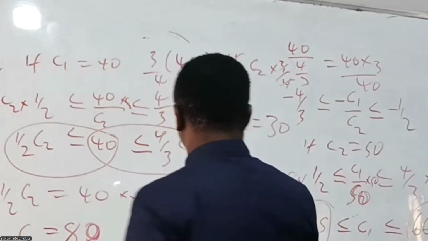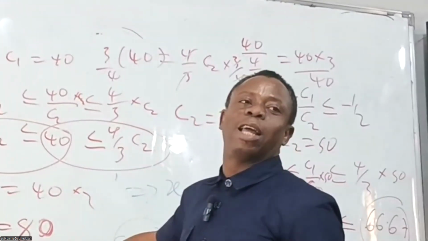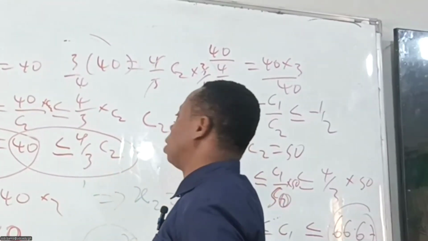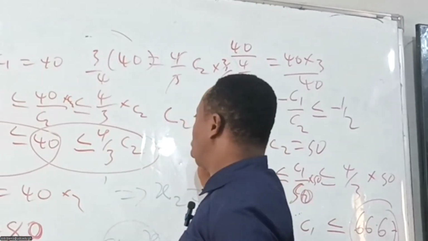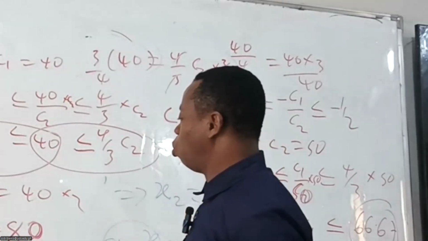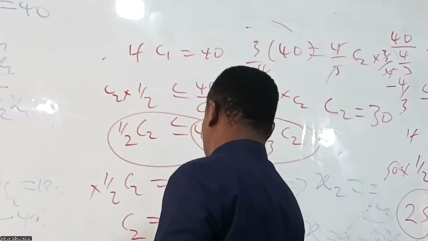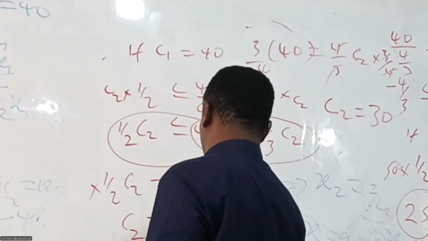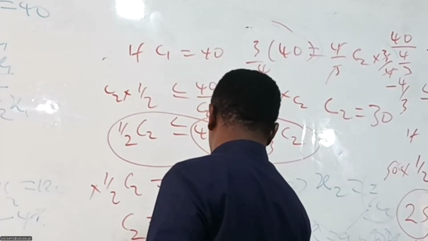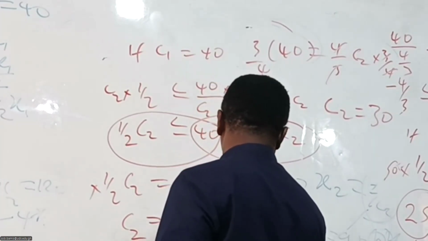So we found 80 and then 30. It means that C2 is between 30 less than or equal to C2, less than or equal to 80.